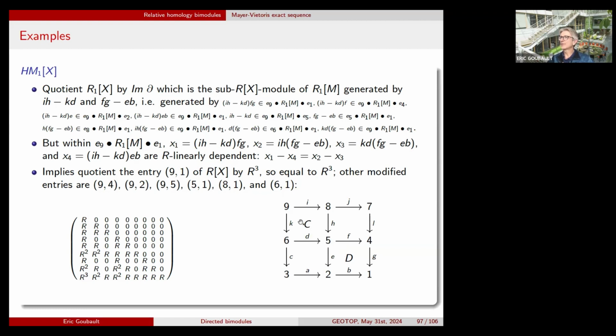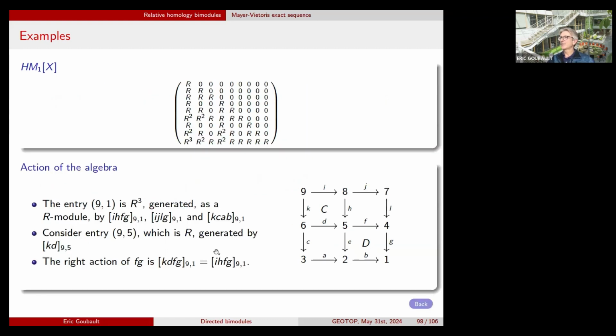They're all homologous, all homotopic, actually. There's one class. And the third class is I, J, L, G. And this is witnessed by this R3 here. And for all pairs of points, you see the number of dipaths modulo homotopy, homology in that case, that you should get by this very simple algebraic calculation.